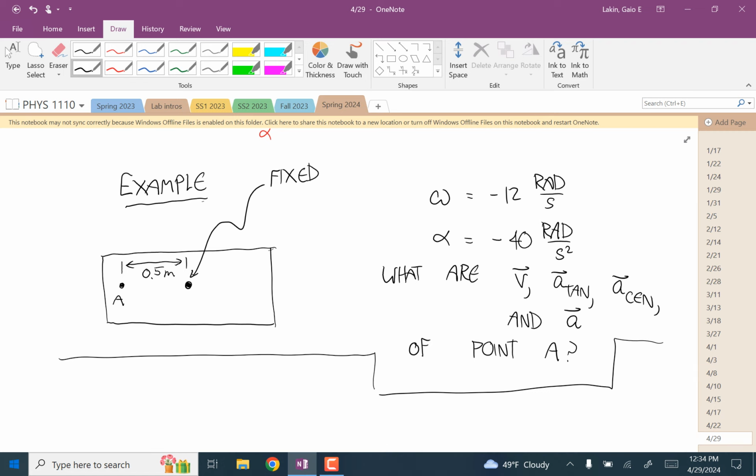Okay, well, this really is just a circular motion problem. We're just using some of these new variables that we've defined. So let's think about the circular path that this is on. It's going to be following a circle, something like that.